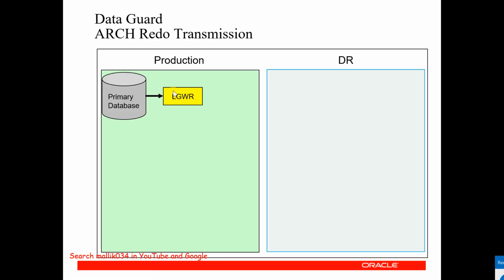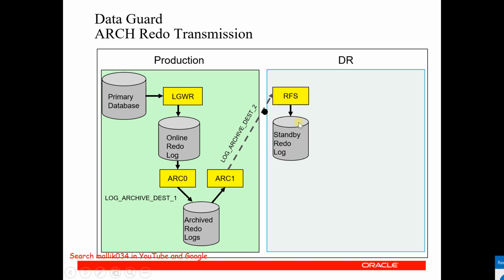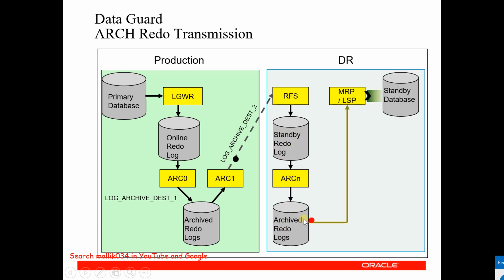So what happens in redo transmission? In your production database, the log writer writes online redo logs. Online redo logs are archived at the primary side. These archive logs are shipped to your standby database through RFS, and RFS writes into your standby redo log, which goes to standby archive logs, and then these standby archive logs are applied at your standby side using MRP.